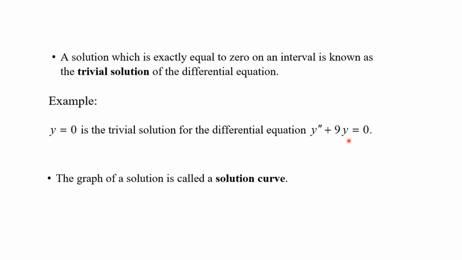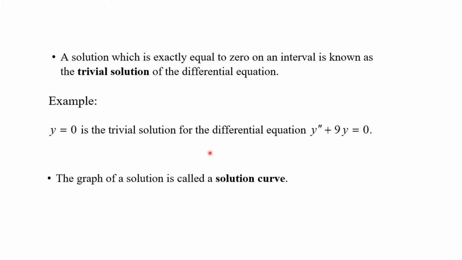So it seems that the left hand side is equal to the right hand side. And so we say that y equals 0 is a solution of this given differential equation. But to be more specific, we call y equals 0 the trivial solution. So y equals 0 is the trivial solution for this differential equation y double prime plus 9y equals 0.